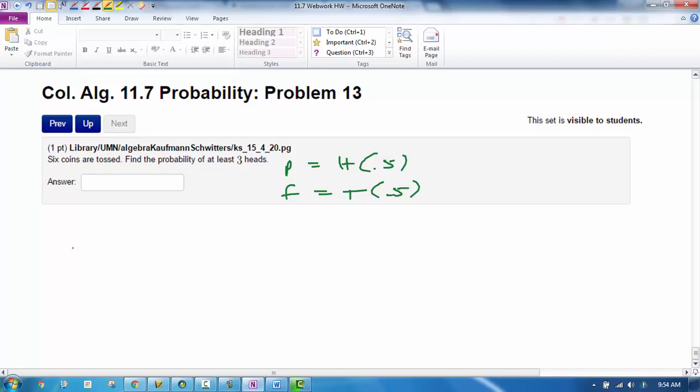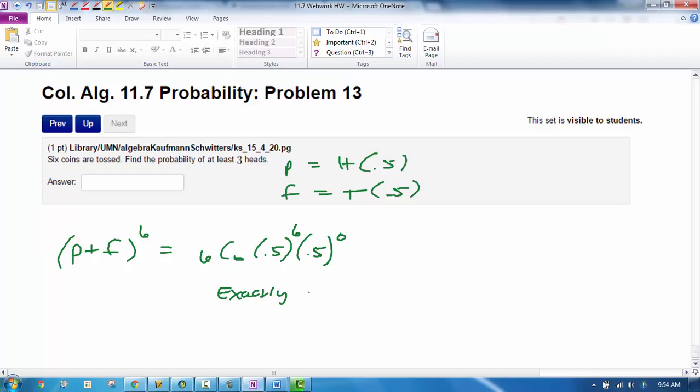So if you start writing this out, probability of success plus probability of failure for the binomial probability theorem, we're tossing this 6 times, so it would be 6C0 probability of success, which is 0.5 to the 0th power, to the 6th power, probability of failure to the 0th power. So this would be exactly 6 heads and 0 tails.